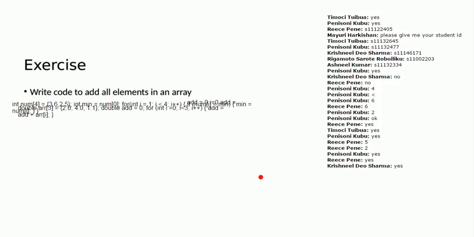Add will be equal to add. What was add? 0. 0 plus array at index 0. What's the value for this? 2.0.